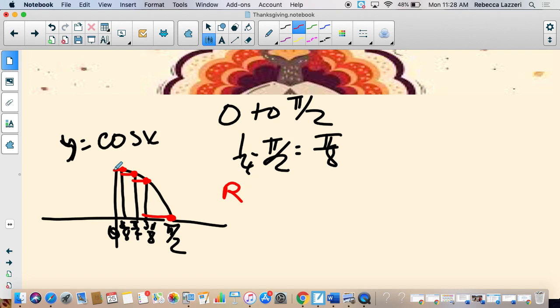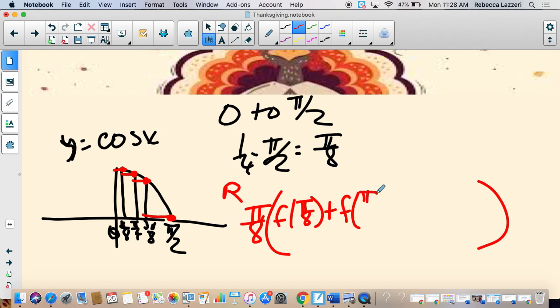So each of them is a width of pi over 8. Do y'all see now we can just factor out that width? And I need to find f of pi over 8 plus f of 2 pi over 8 plus f of 3 pi over 8. And when you're doing a right-hand Riemann sum, shouldn't you always end at your far side?